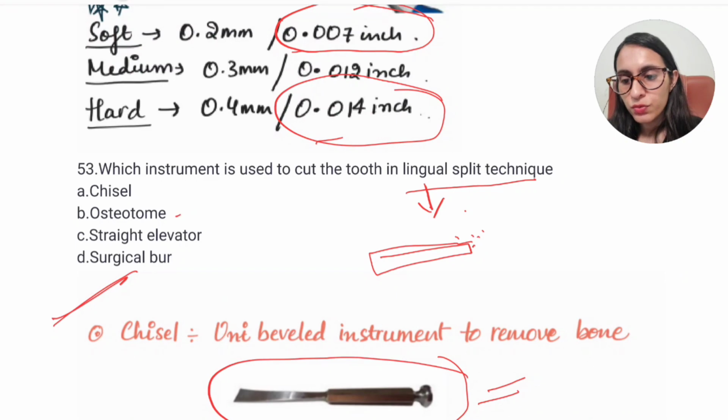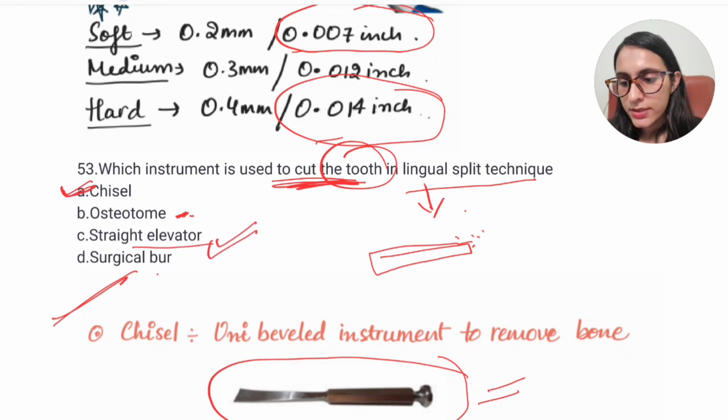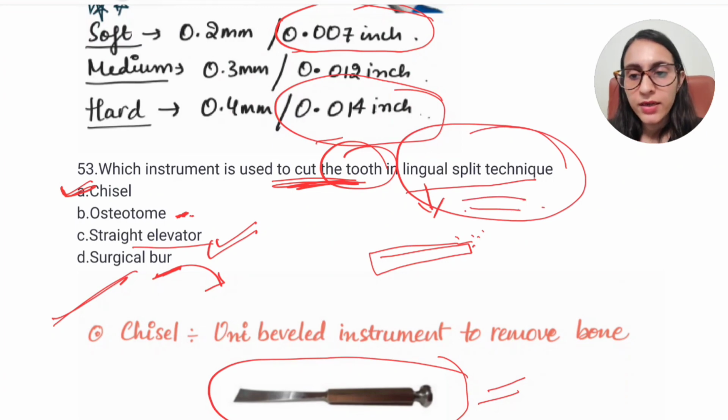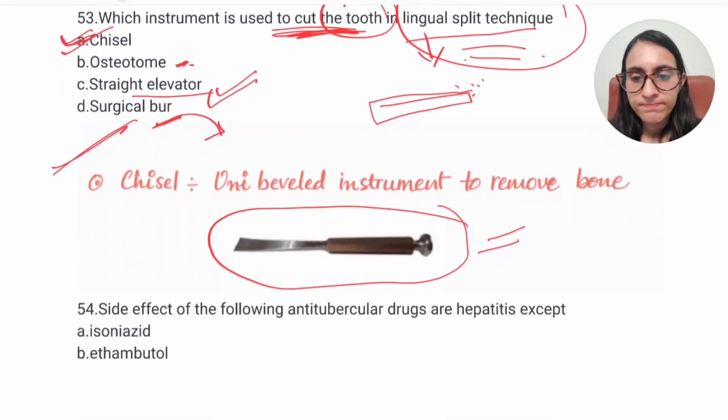Osteotomes are typically used to manipulate the bone, not for cutting. So the answer is the chisel, which is used to cut the tooth. Straight elevators are used for tooth extraction, but not designed for cutting. Surgical burs are for cutting the bone or tooth structure, but they are not specific to the lingual split technique, which is what the question asks. The answer to this question is chisel.